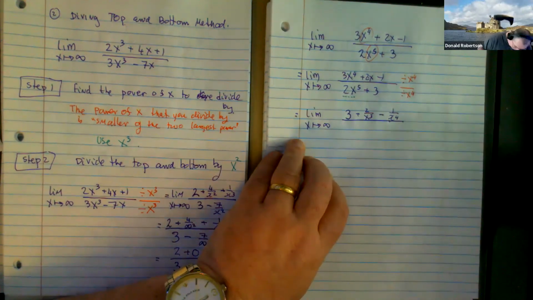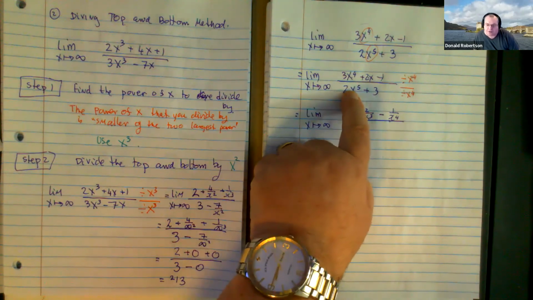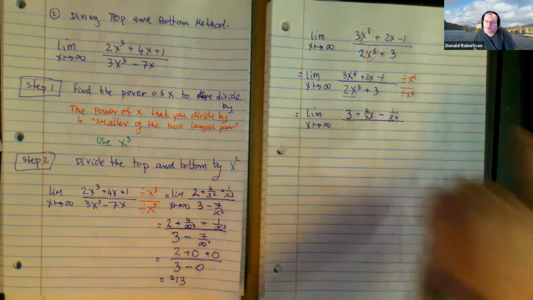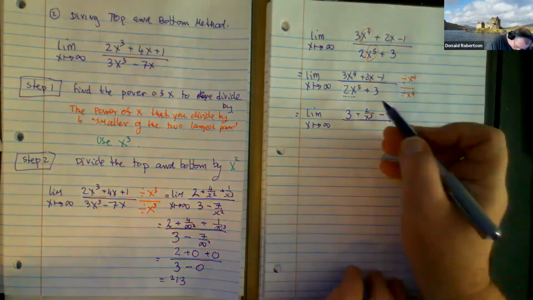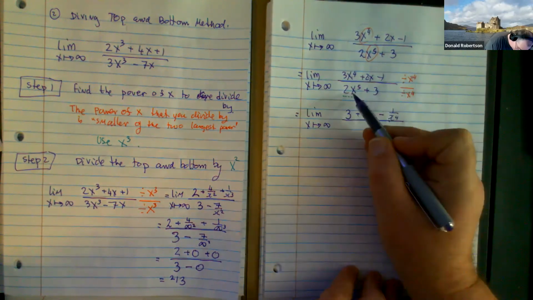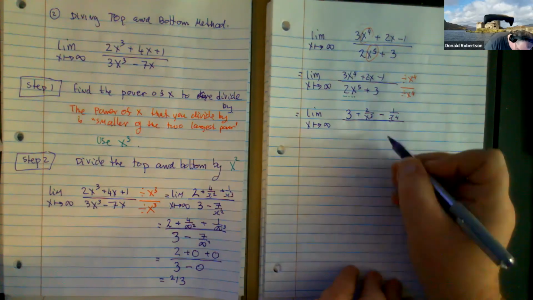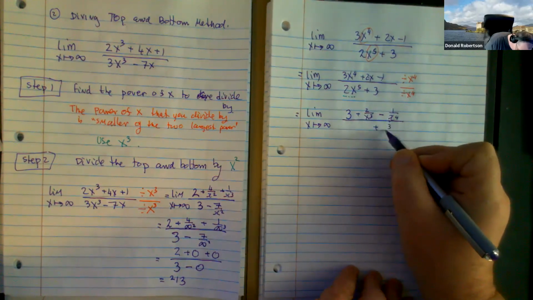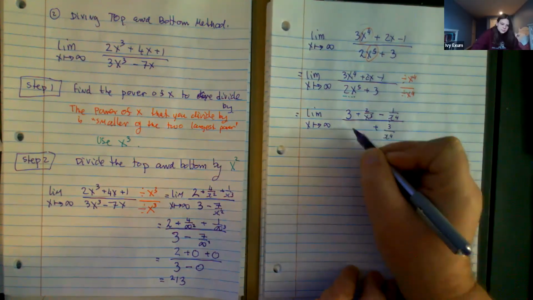Now, this one's a little bit interesting. What do you get if you divide 2x to the 5 by x to the 4? What's left? 2x. Agreed.